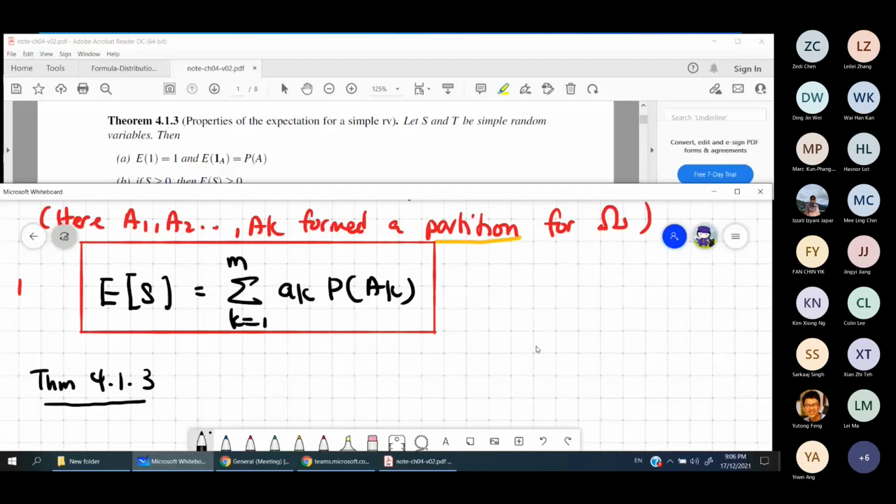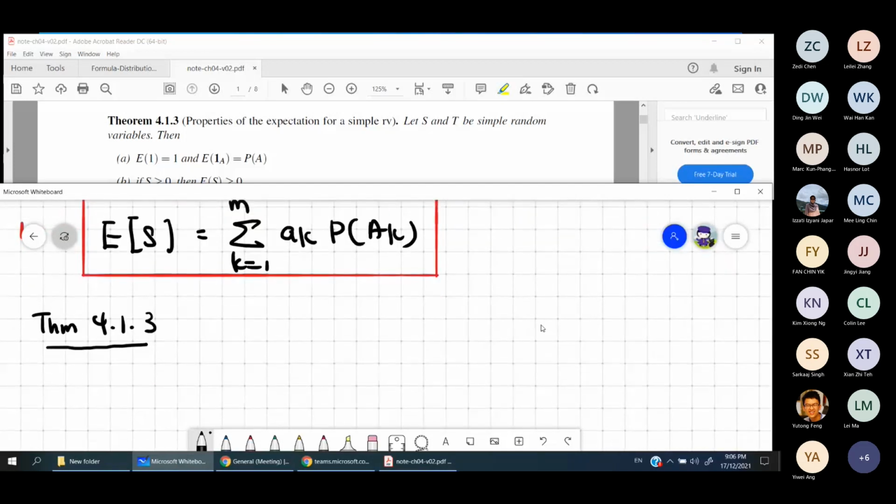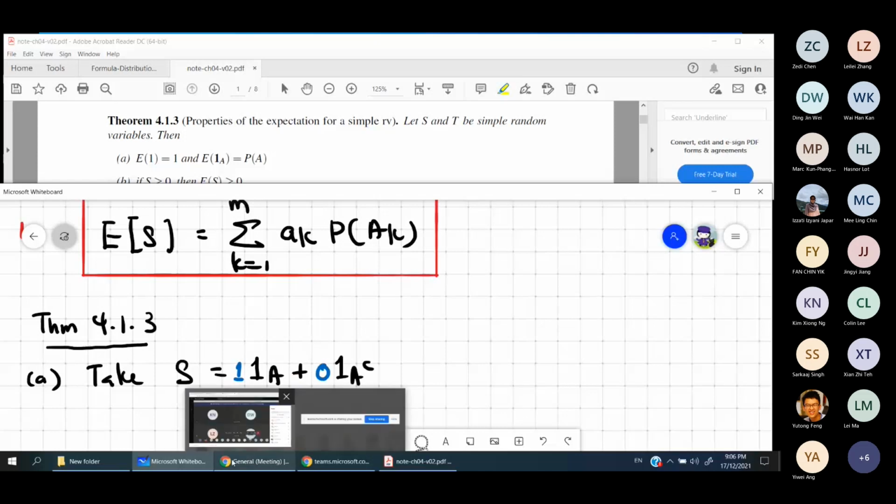Okay, how to get part A? To get part A, we can write S as 1_A, with 1 plus 0 multiplied by 1 complement.